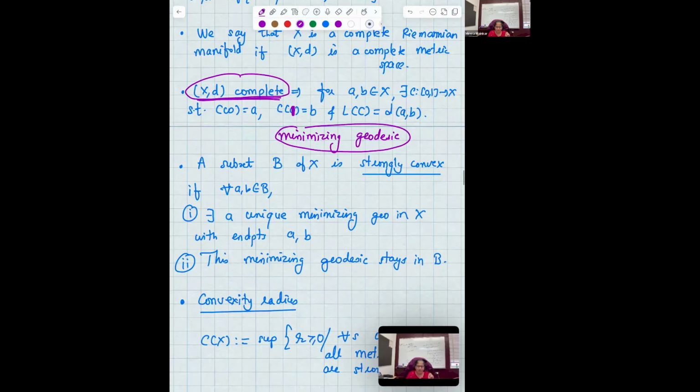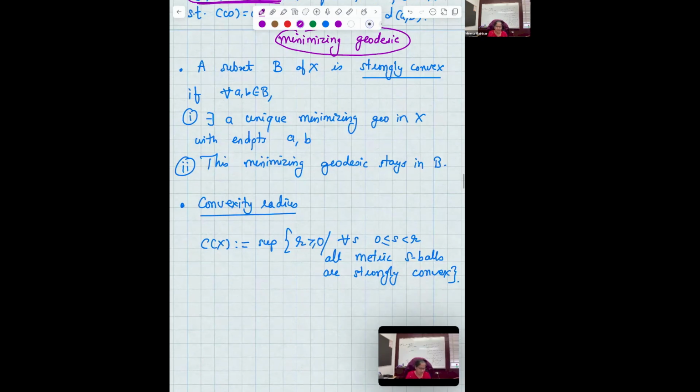And I need one more notion for our conjecture, which is the convexity radius. We say that a subset B of a Riemannian manifold is strongly convex if for every pair of points A and B in B, there exists a unique minimizing geodesic in X with endpoints A and B, and this minimizing geodesic stays inside B. And this is how we define the convexity radius.